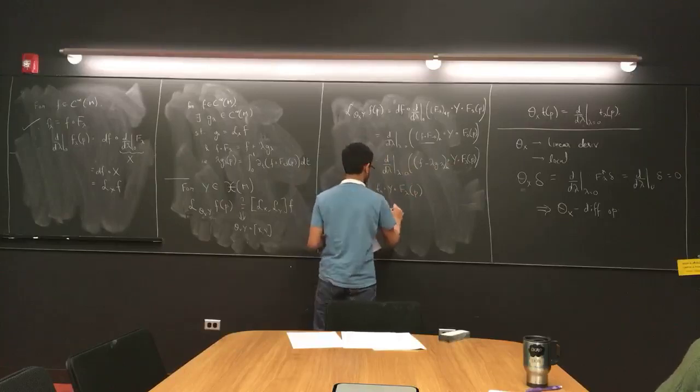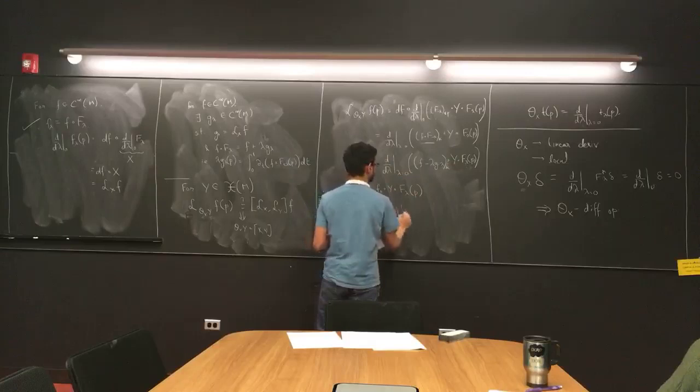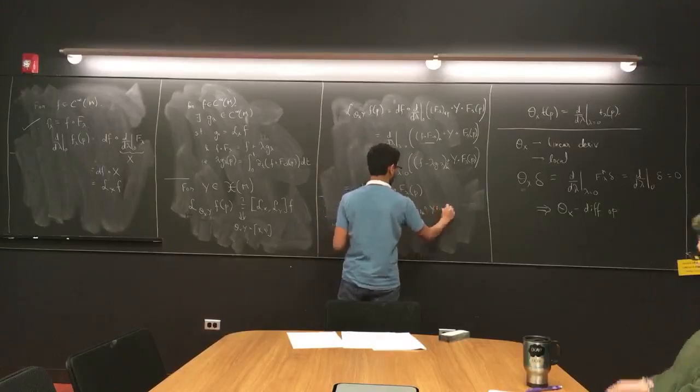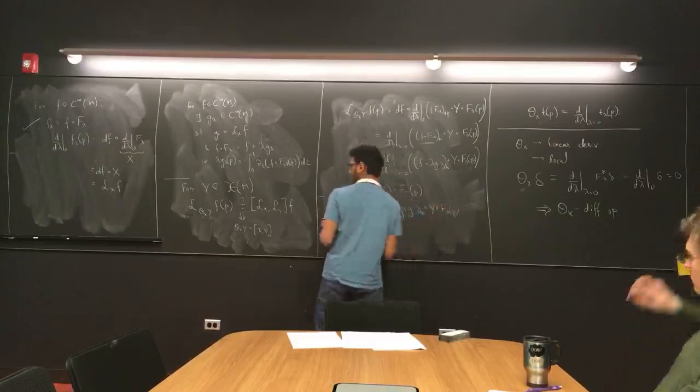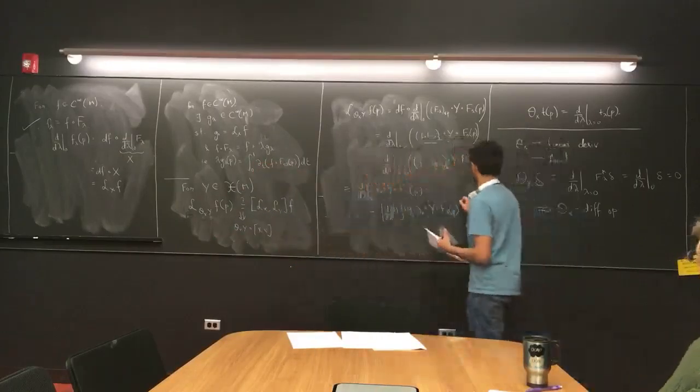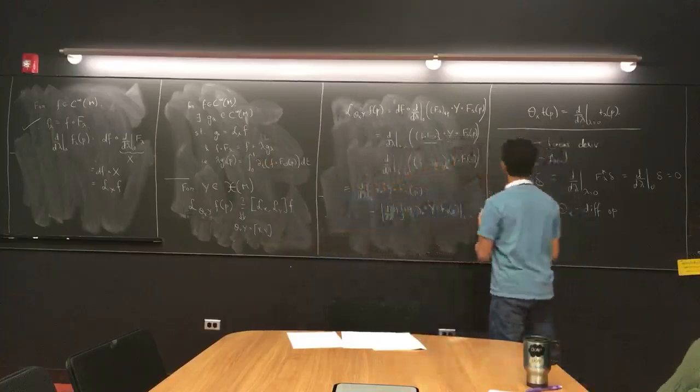We'll only have d by d lambda of lambda times g minus lambda star composed with y composed with f lambda of p, at lambda equals 0.